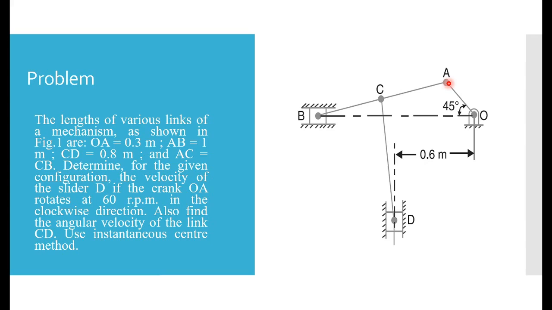So omega into OA will be your velocity. That is 2 pi N by 60 into OA, or 2 pi into 60 by 60 into 0.3. So we'll get the velocity of A. That is the input velocity. Find it and put it in a box. Then we will continue to the instantaneous center method.